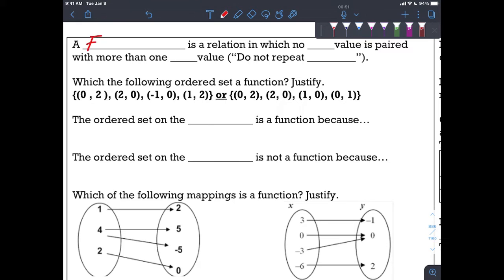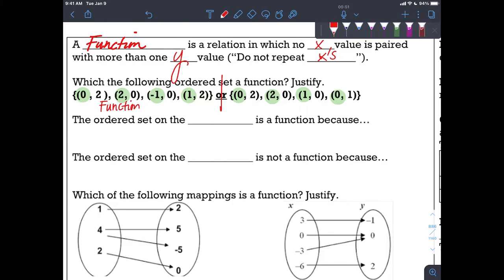So a function is a relation in which no x value is paired with more than one y value. Do not repeat x's. So, for example, if I was to look at these ordered sets, a list of points, I would only look at the x's. I don't care about the y's. I'm looking to see if I see any repeats. No repeats over here.